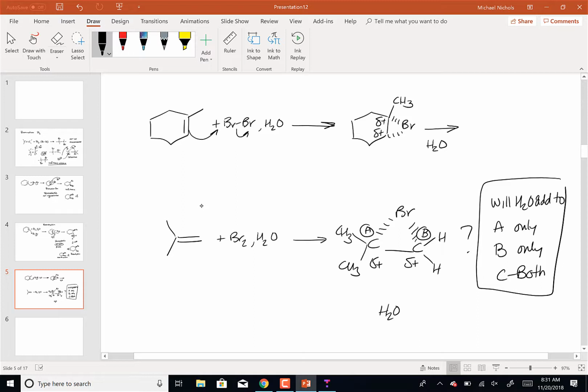So in other words, what you're saying is, I'll paraphrase it for you, that Br plus is like H plus. And so if Br plus is like H plus, then maybe it goes by Markovnikov addition, where the Br plus adds to the carbon with the two hydrogens. So in the end, the OH, or the H2O might add to the other carbon.